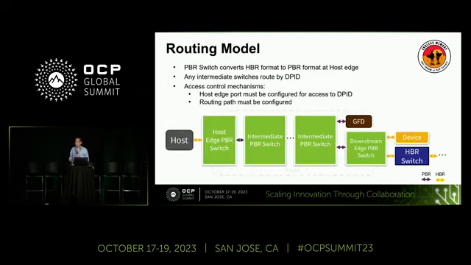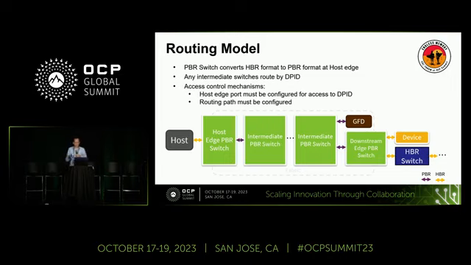So I want to spend some more time talking about the routing model. We're also going to touch on some new content about access control mechanisms. This is how we manage that new ID concept and conceal those details from the host.